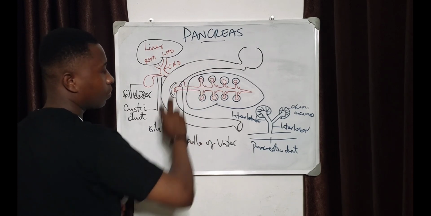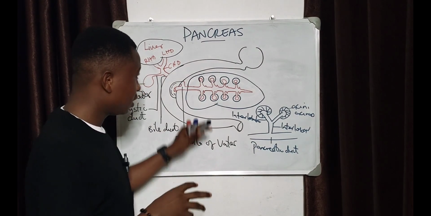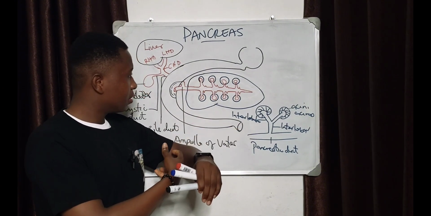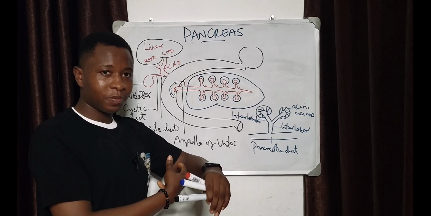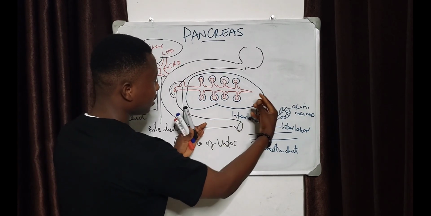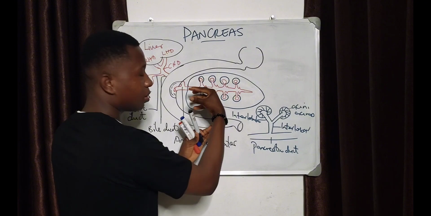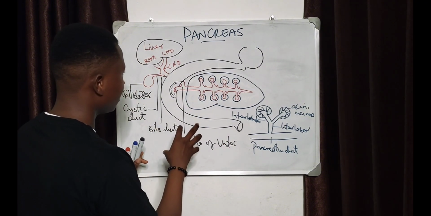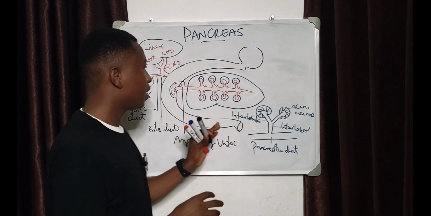So this is the duodenum. So the pancreas is fixed inside the duodenum. The duodenum is curved and the pancreas is just fixed inside. Okay, so that is that. So this is just the anatomy of the pancreas.